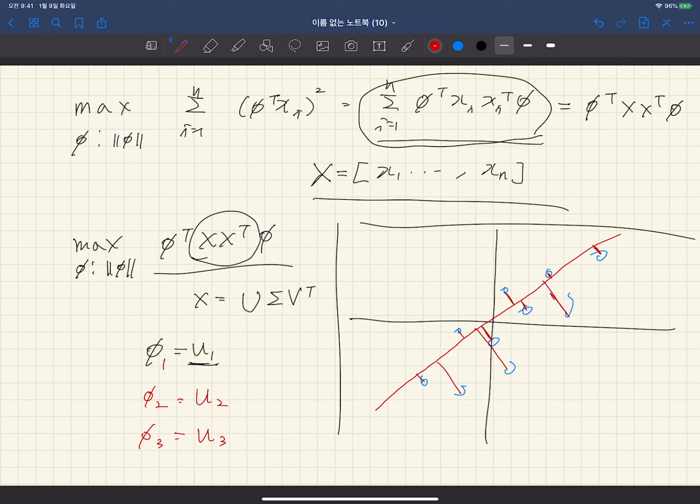So basically, principal component analysis is equivalent to singular value decomposition. When you have the decomposition of your data matrix X in singular value decomposition form, all the singular vectors will give you very nice principal components.